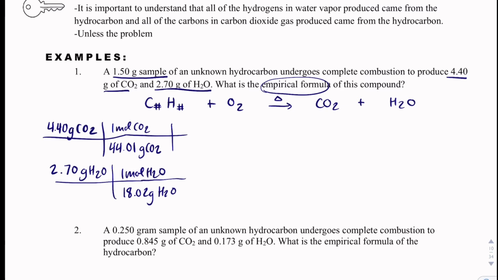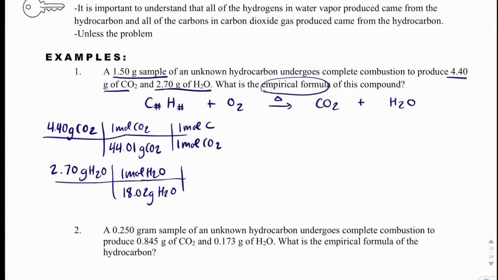Now, here's a step that's different: I don't care about CO2, and I don't really care about water. I care about carbon within the CO2, and then I care about the hydrogen within H2O. So I'm going to say in 1 mole of CO2, the ratio of CO2s to Cs is going to be 1.